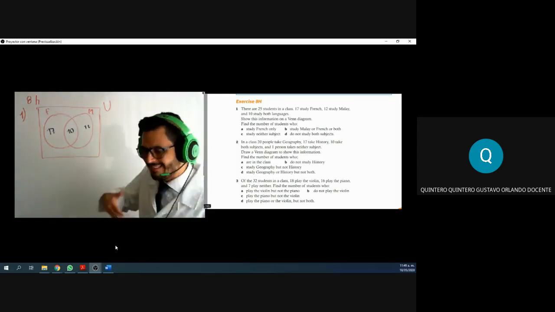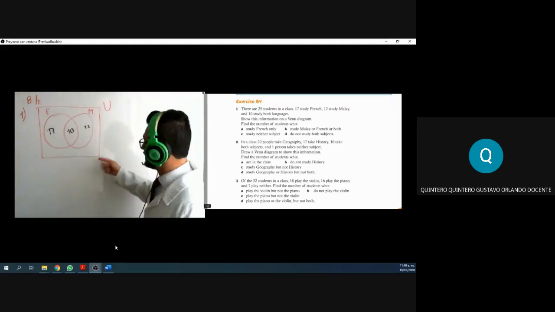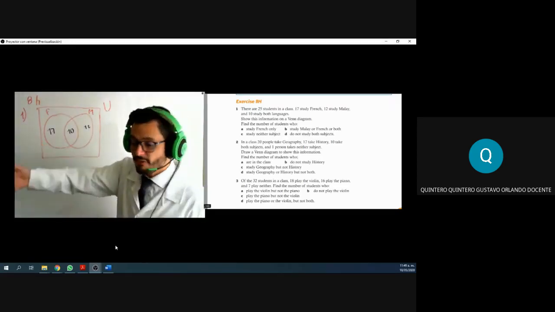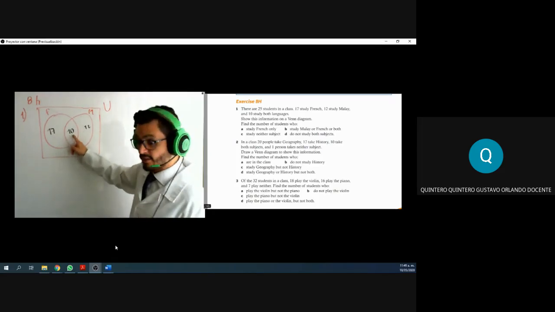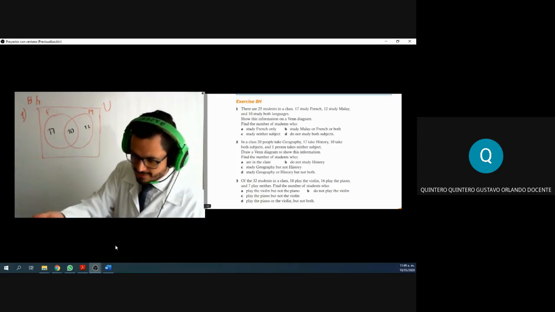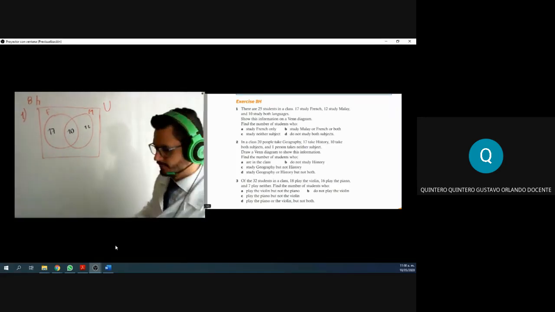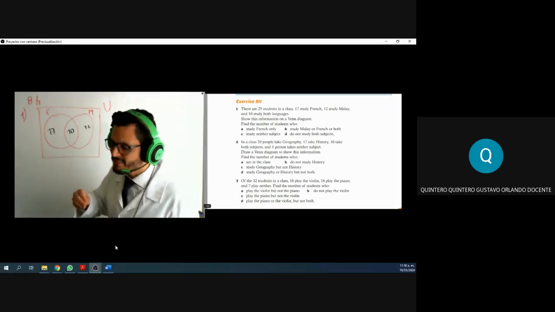But that comes with another problem. Not only do I increase the amount in the universal set even further, now I have 17 and 12, that's 29, and 10, that's 39 students. That is a mistake, because according to the exercise I only have 25 in total. Not only that, but if you look at French, we no longer have 17 people.